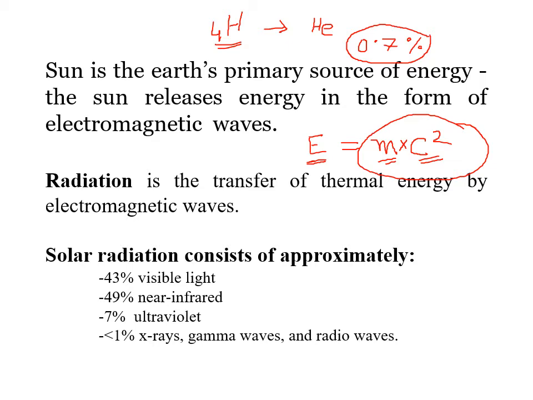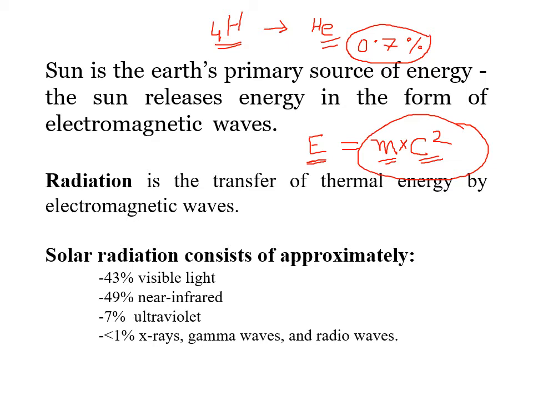Now, among this huge amount of energy produced by the nuclear fusion process, some energy is used to bind the helium nucleus together, and the rest of the energy is radiated from the sun surface, and that radiated energy is taken by all the planets or other celestial bodies as solar energy.